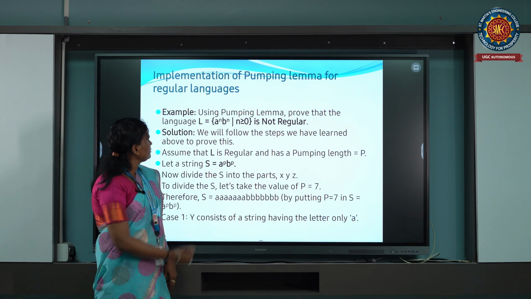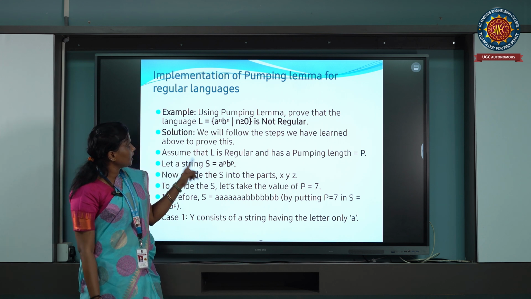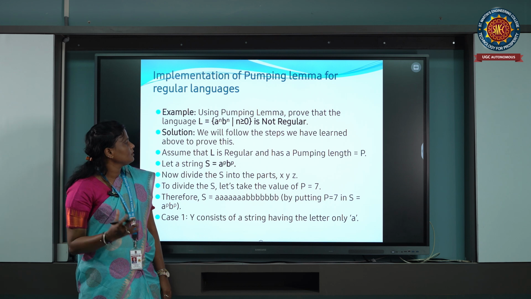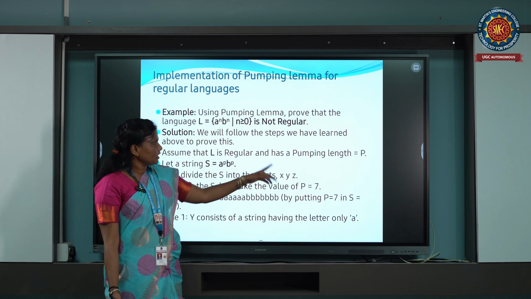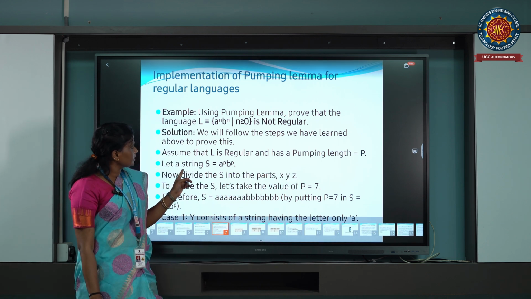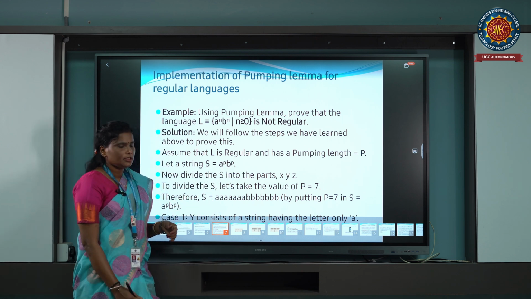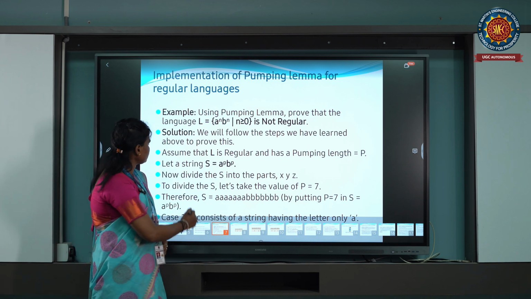First, we assume the language is regular and take a pumping length p, and let the string be a to the power p and b to the power p.